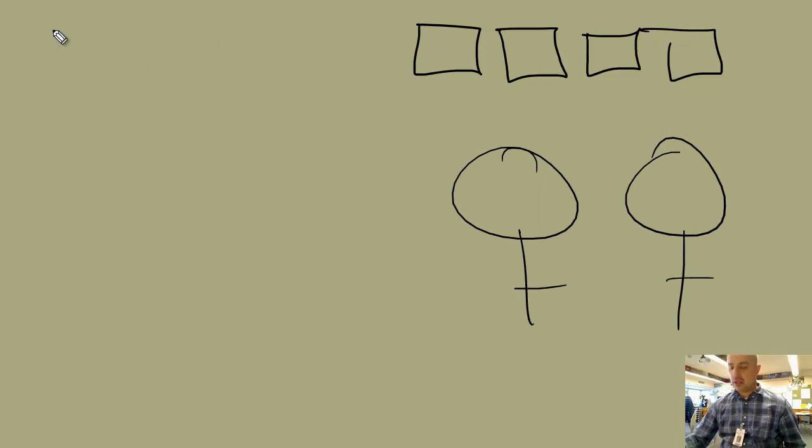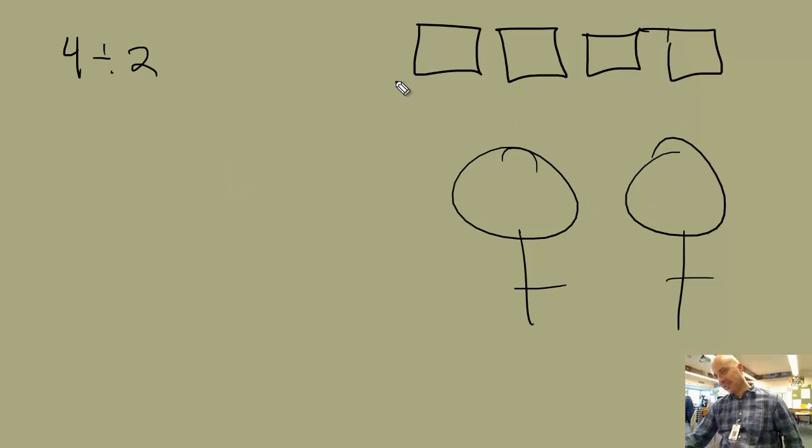How many would each person get if I just had 4 crackers and 2 people? Each person will get 2 crackers, right? We'll take these 2 here and give them to this guy, and take these 2 here and give them to this guy. That would be fair, wouldn't it? Altogether, they would have 2.